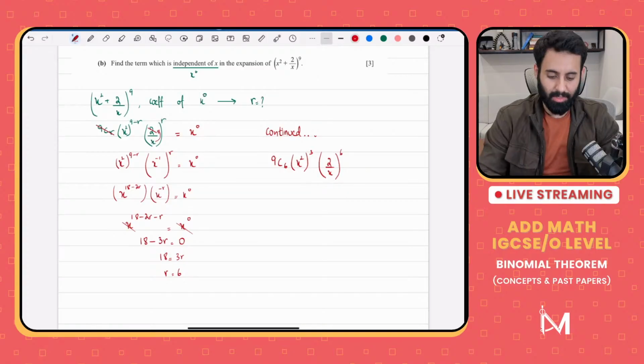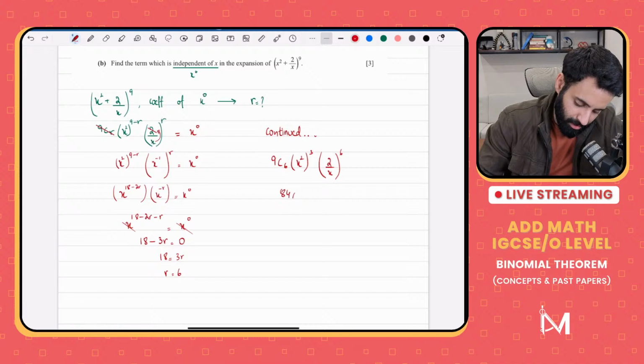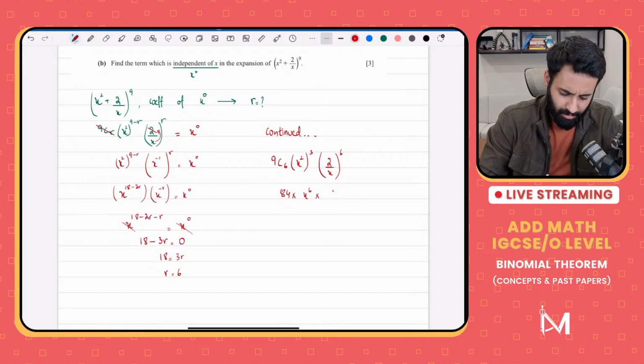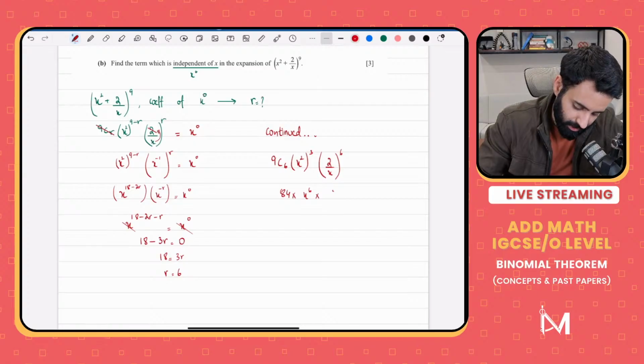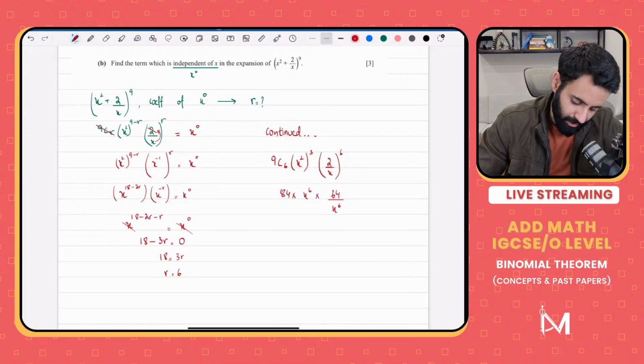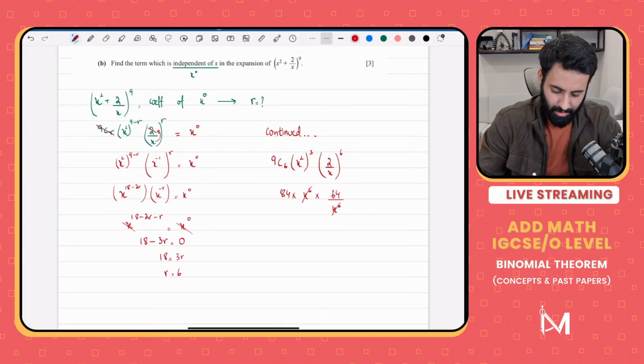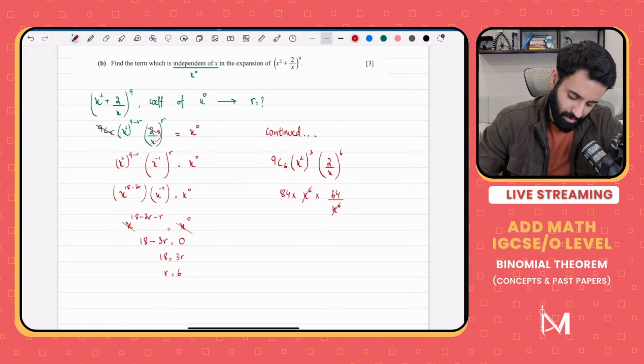So let's see what 9C6 is. 9C6, that's 84, into x power 6 into 2 power 6, which I believe is 64, but let's work it out anyway. Yeah, so it's 64 upon x power 6, and not coincidentally, but thankfully, rather, x power 6 and x power 6 cancel. That means our value of r is in fact correct, and 84 times 64 is equal to 5,376.